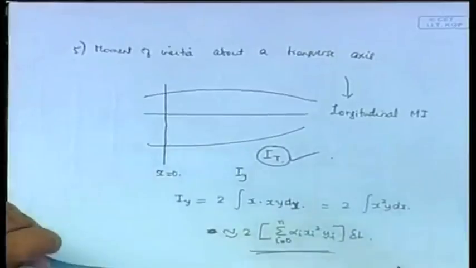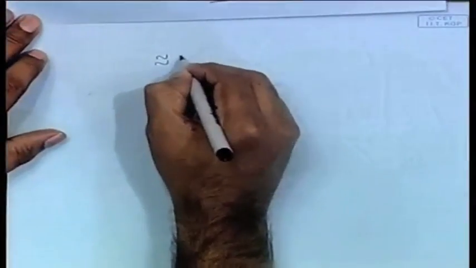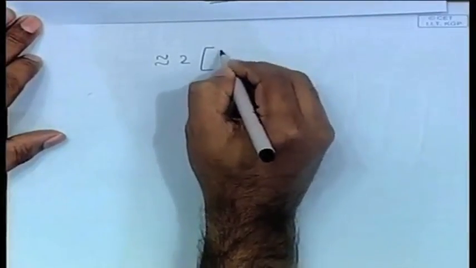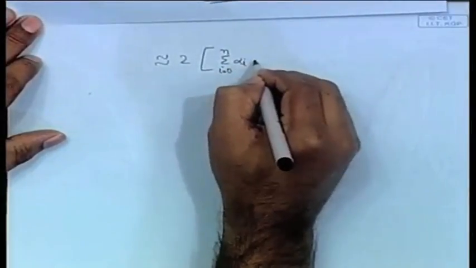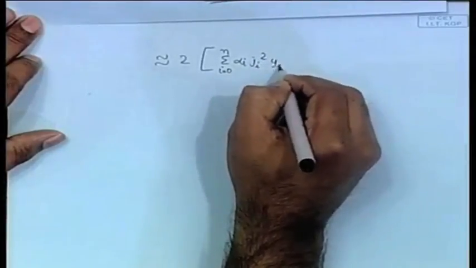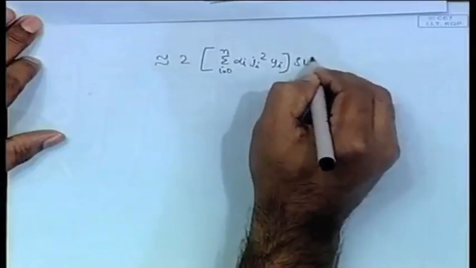So this is the expression, and to make it slightly simpler, this can be written as 2 into sigma i equal to 0 to n alpha i j i squared y i into delta L cubed. Is it clear?